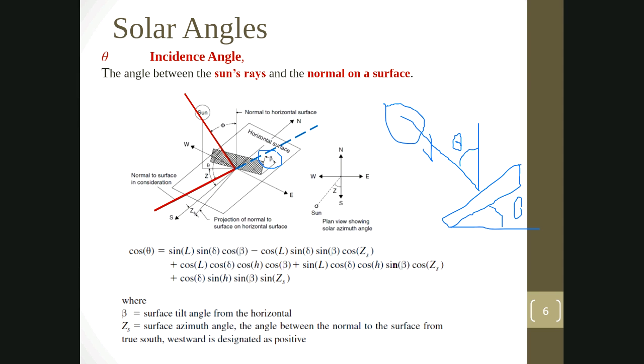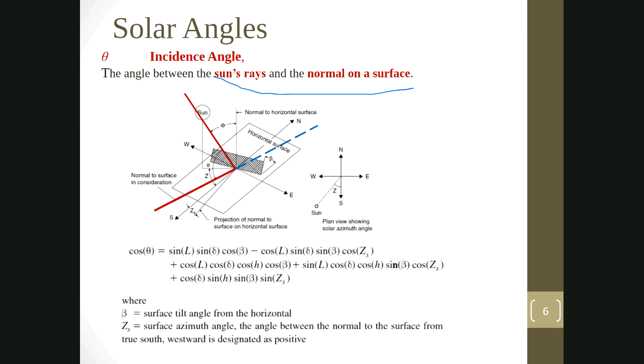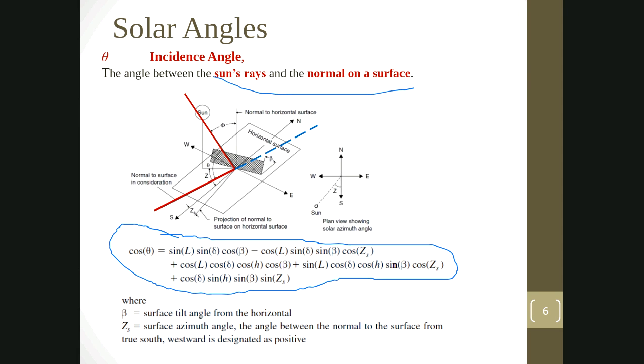The incident angle, as we define now, is the angle between the sun ray and the normal to the surface. This long equation represents the incident angle. As you see, it is a function of your location, so latitude, the declination, and the hour angle. We have another two important angles related to the surface: the tilted angle beta, and the surface azimuth angle Zs.